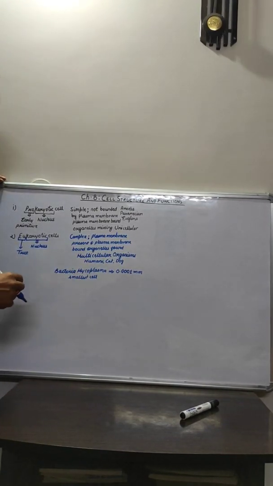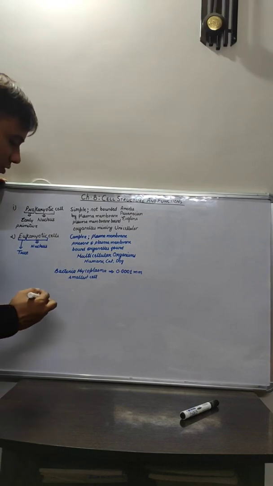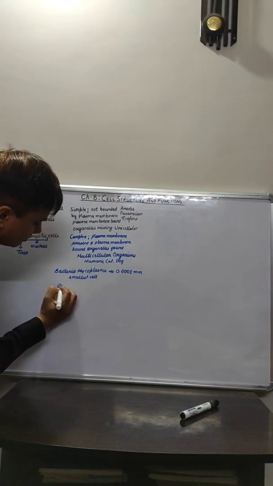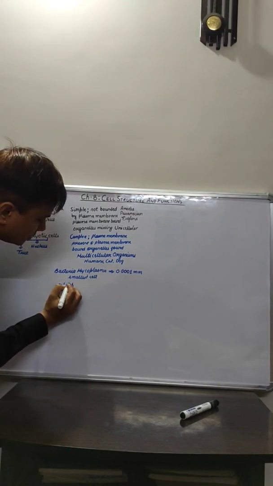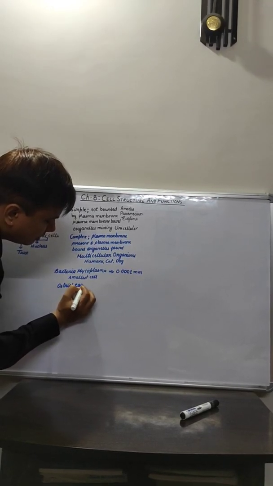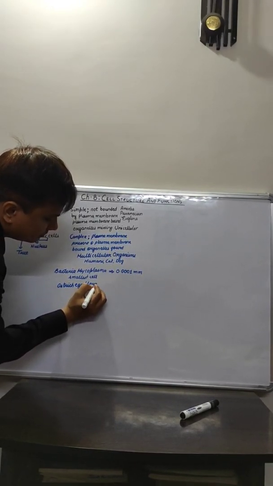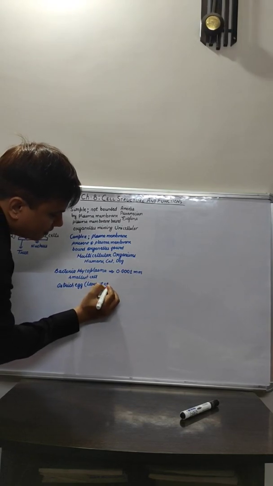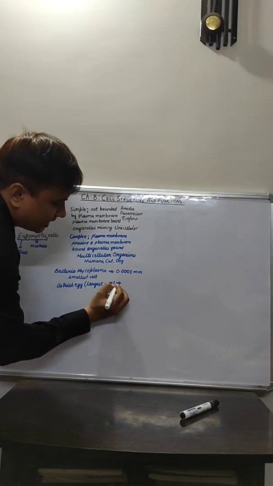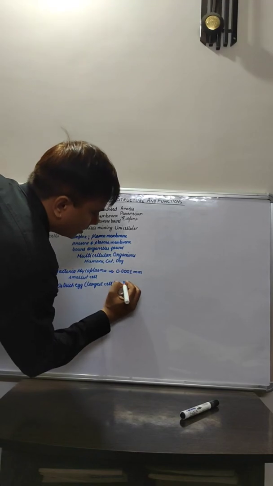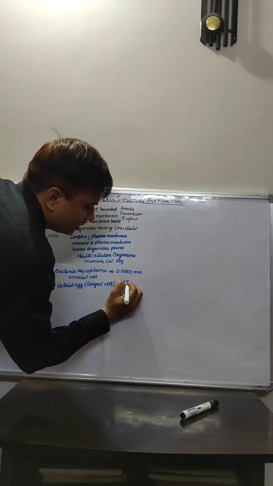Now interestingly, if we talk about the largest cell, it is the ostrich egg. Ostrich egg, largest cell. Now when we compare its size with this, it is immense. Why?